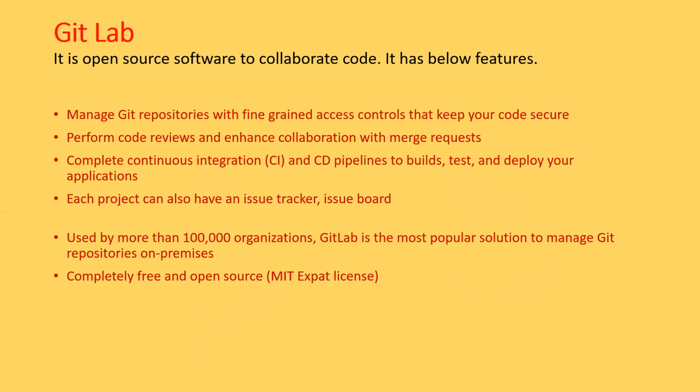Second one is perform code reviews and enhance collaboration with merge requests. As I said, pull and push are the main operations. Apart from those, there is one more operation called merge request.